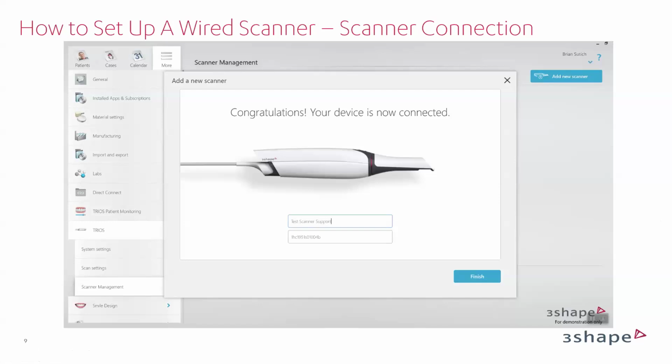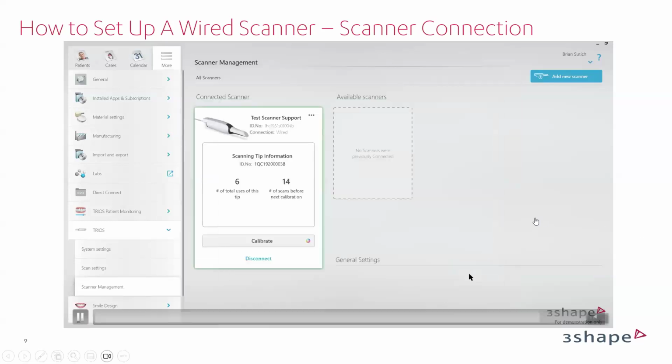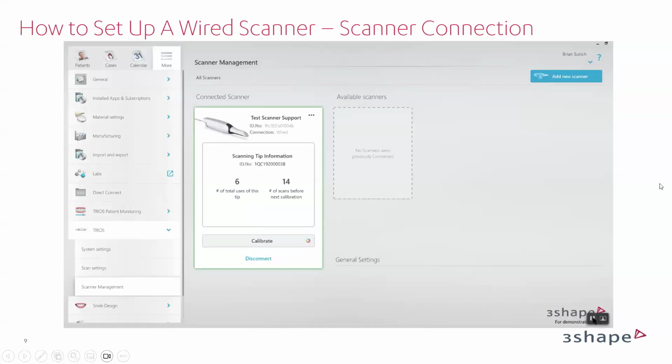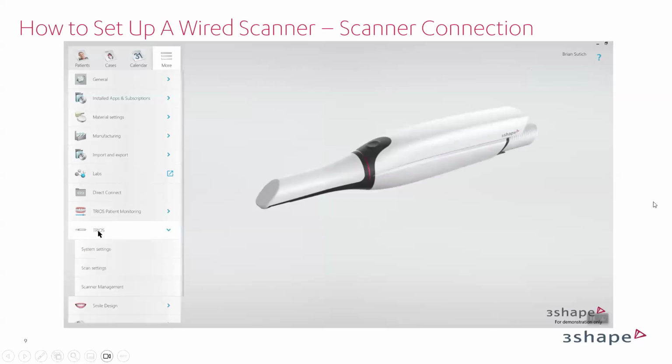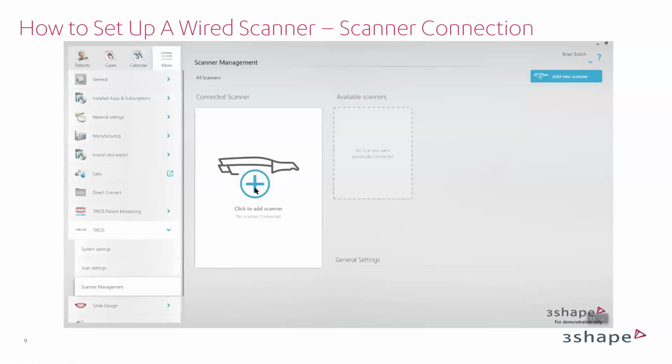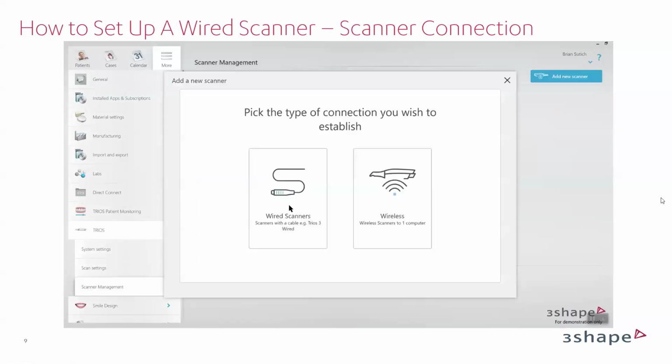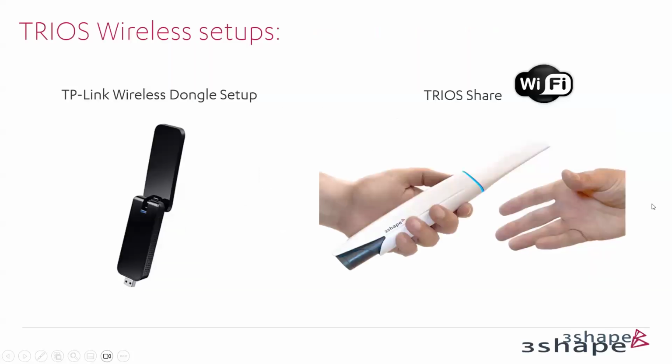You can name the scanner if you need. We insert the scanner serial number, and that's it. Now we have the scanner connected to the system. So that is the way to connect wired scanners, and we will proceed with the page where we can connect the wireless scanners.